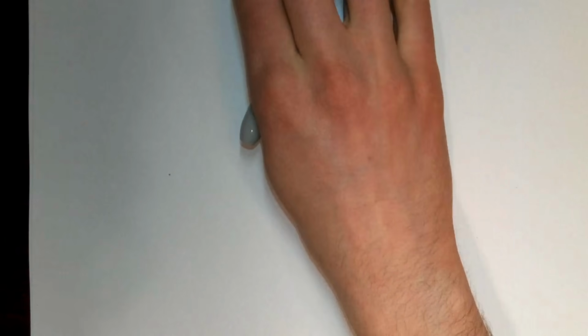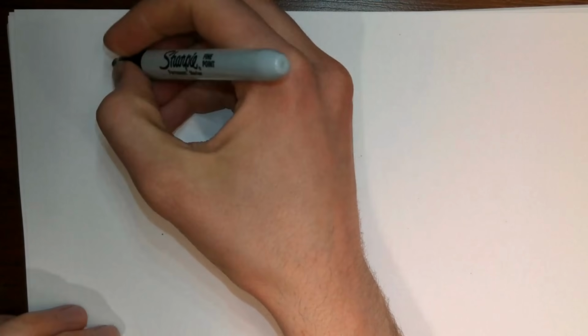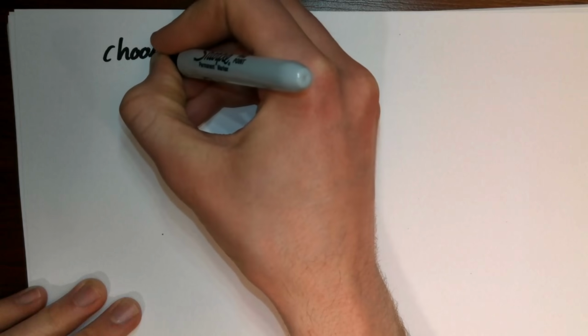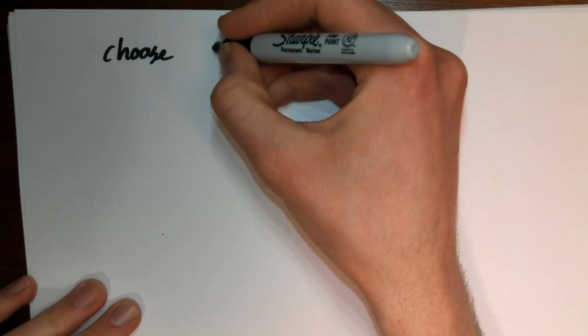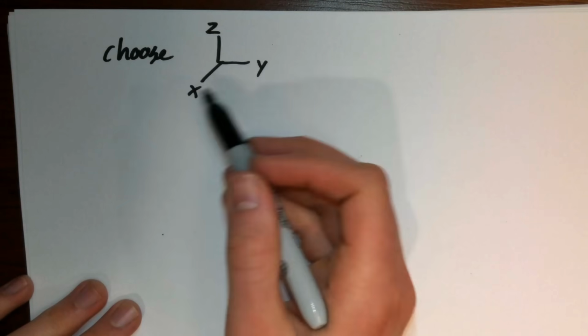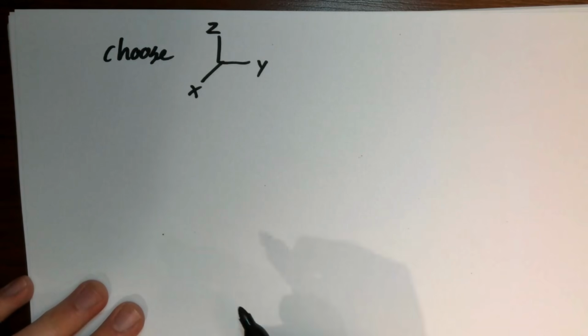So usually in hydrostatics, we choose to define our coordinate system with z pointing up, and let's say x and y, something like this. X and y usually don't matter too much in hydrostatics. We're mostly concerned with z.